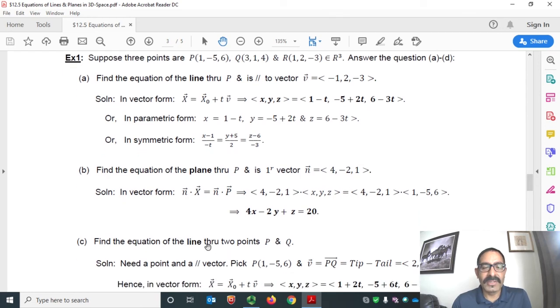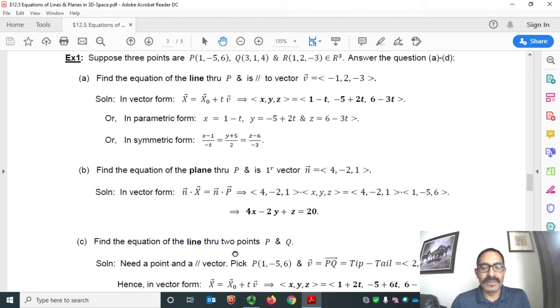Find the equation of the line through 2 points P and Q. Let me remind you, to find the equation of a line, we need two pieces of information: a point and a parallel vector to the line.